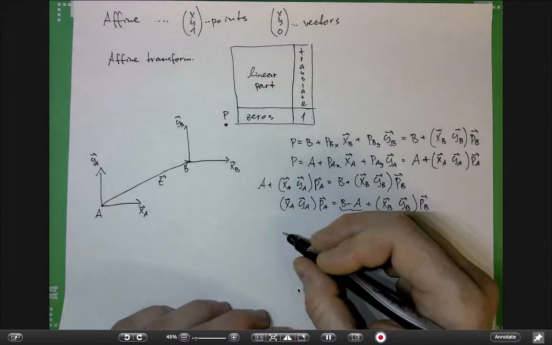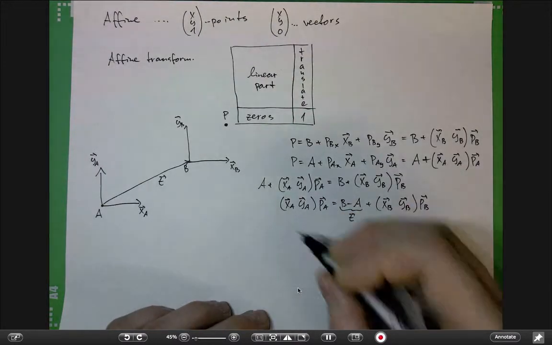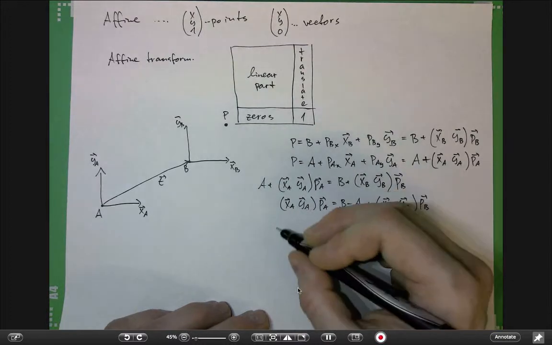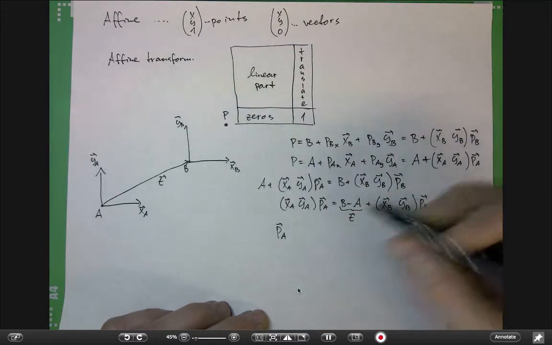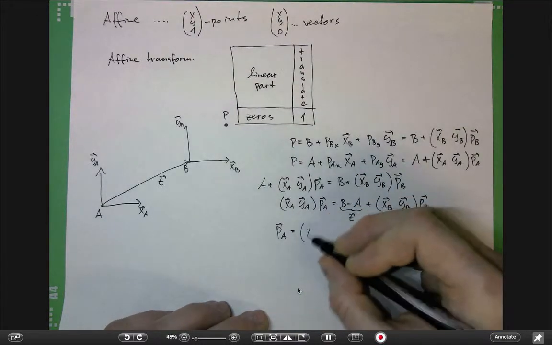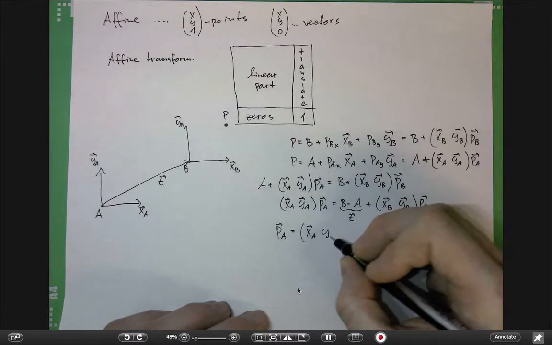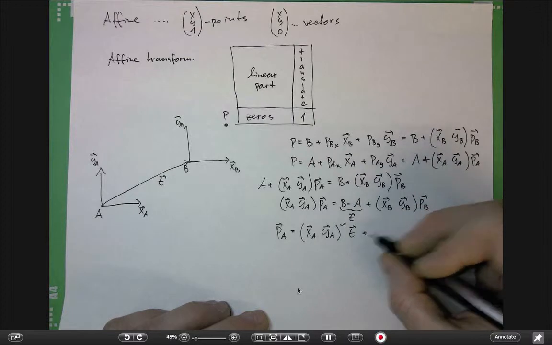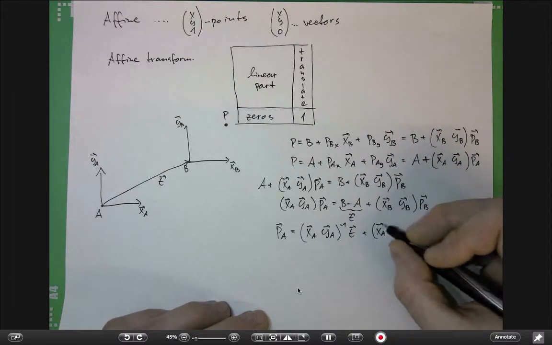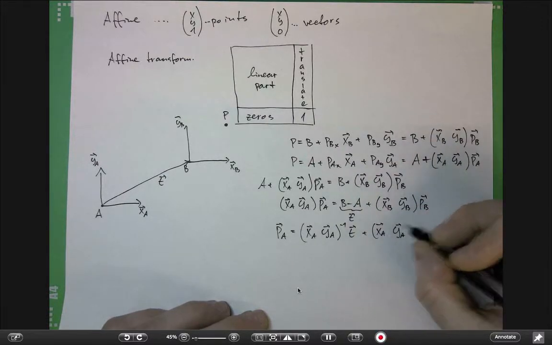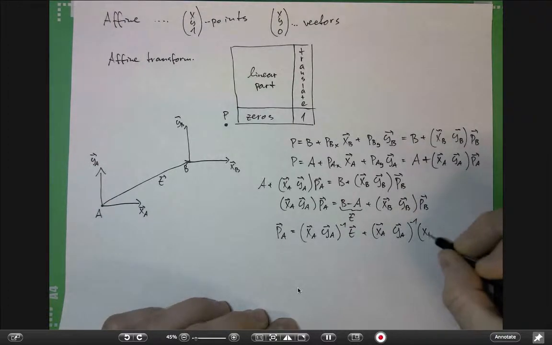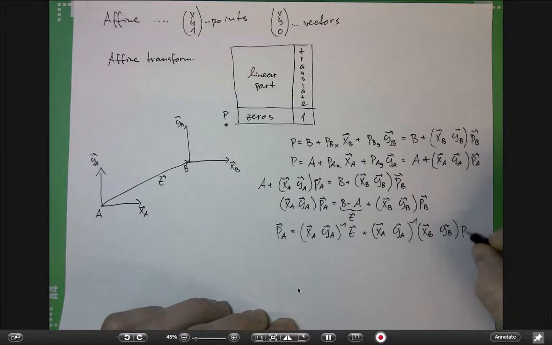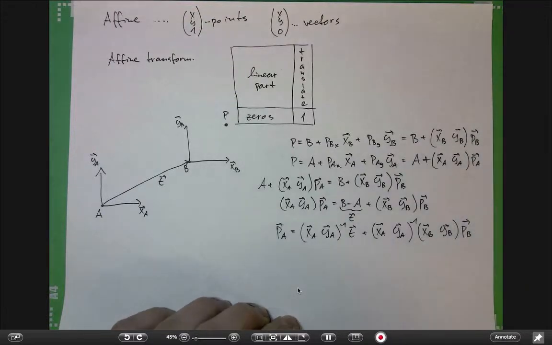So if I want now to convert the B coordinates into A coordinates, all I need to do is again invert this first matrix. So (x_A y_A) inverse times T, plus again the inverse (x_A y_A) inverse times (x_B y_B), and the B coordinates are right here.